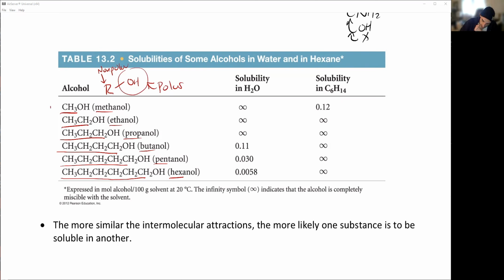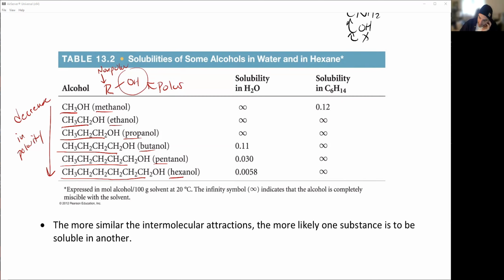So as we increase the length of that carbon chain, we're getting a decrease in polarity. So polarity is dropping as we go down. Does that make sense? Because the hydroxide is going to remain the same strength, but the dispersion forces are getting stronger and stronger and stronger.